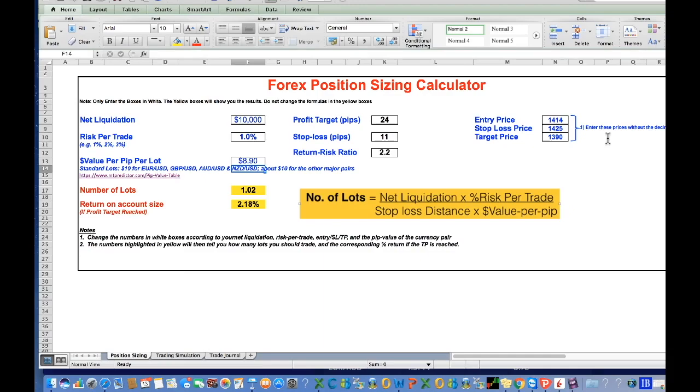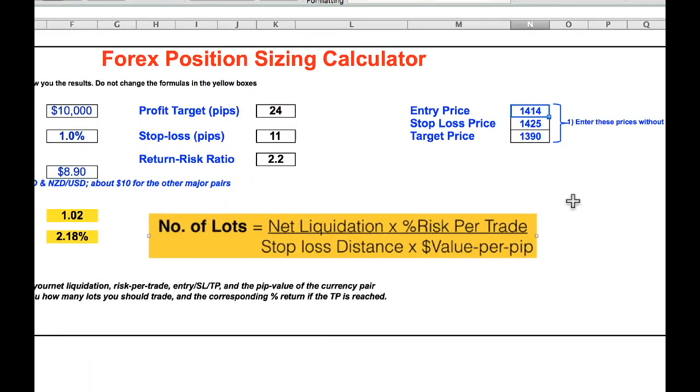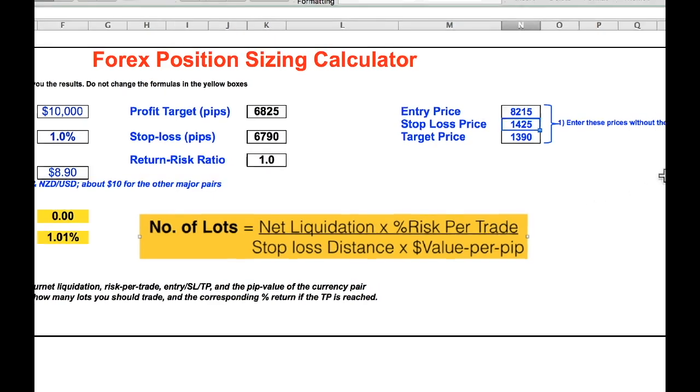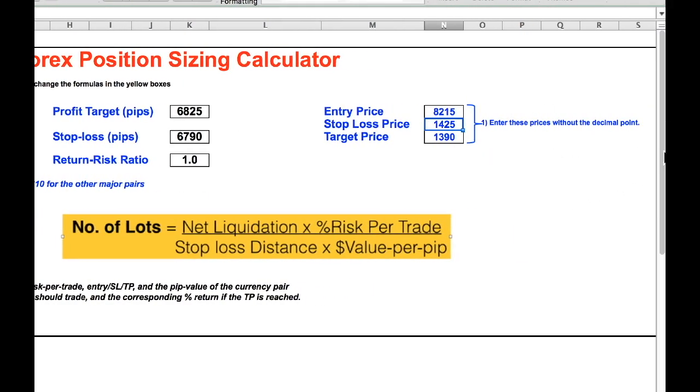And what you do is you key in your entry price. Say your entry price is 8215, and you only enter without the decimal points. Avoid the decimal points. So entry price 8215, stop loss say 8205, and then profit target 8230.